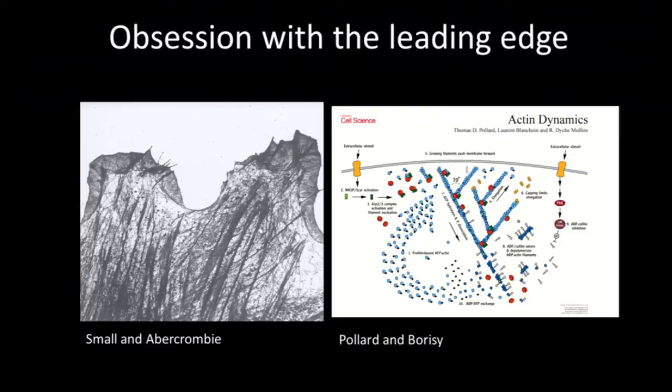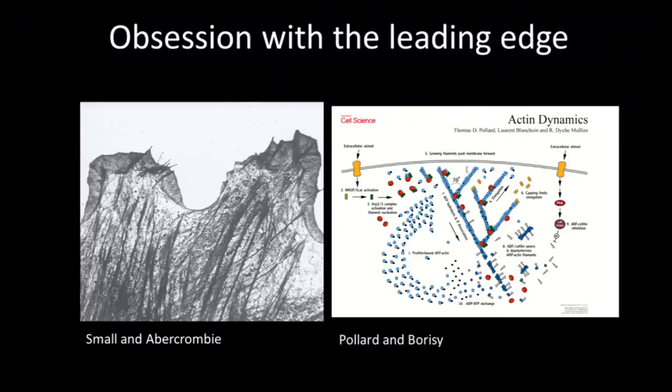So the whole field of cell migration has been totally obsessed. Well, we discovered this ARP2/3 complex when I was a graduate student, and the whole field has been obsessed with how this ARP2/3 complex makes the lamellipodia at the leading edge of the cell, because this is the protrusion. This is the exciting part of cell migration. It's moving the cell forward, you know?